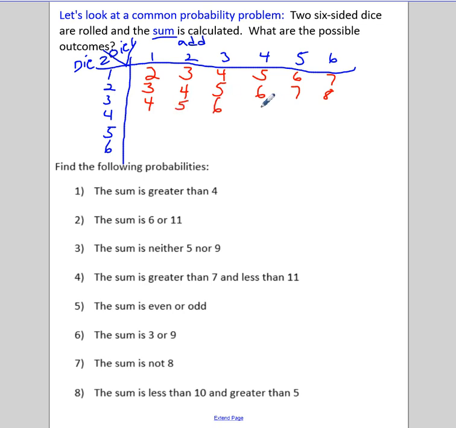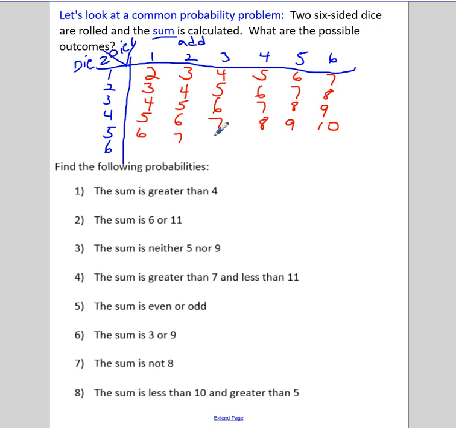A 3 and a 3 is a 6. A 4 and a 3 is a 7. A 5 and a 3 is an 8. A 6 and a 3 is a 9. A 1 and a 4 is a 5. A 2 and a 4 is 6. So now if I had a 1 and a 5, that would give me a sum of a 6.